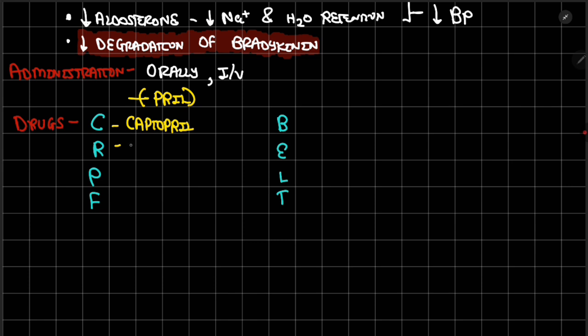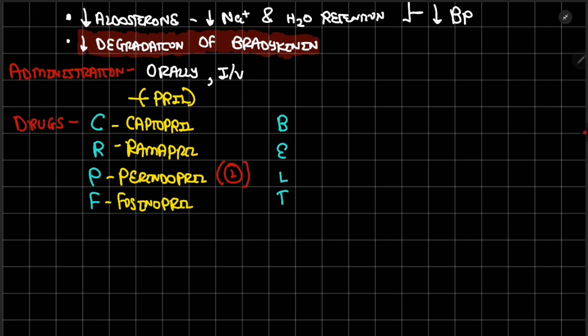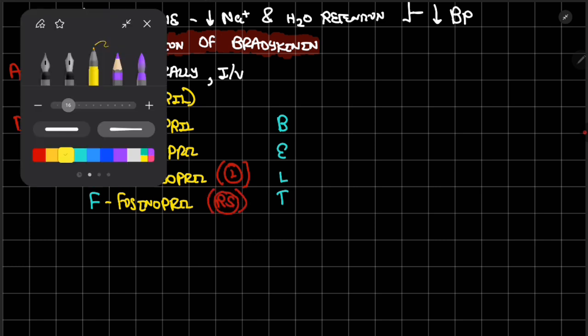Then we have ramipril. We have perindopril. This perindopril drug is the longest, so I will write L, longest. Then we have fosinopril. This fosinopril is renal safe, so I will write RS.